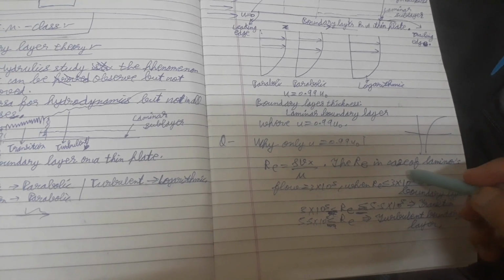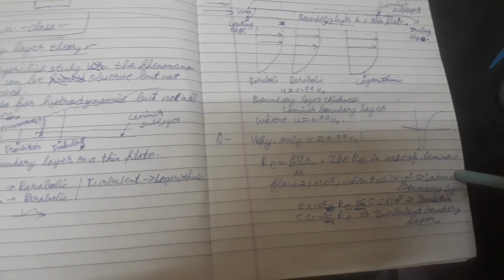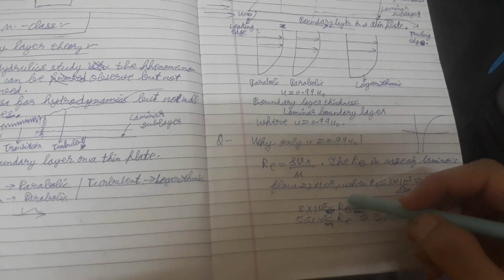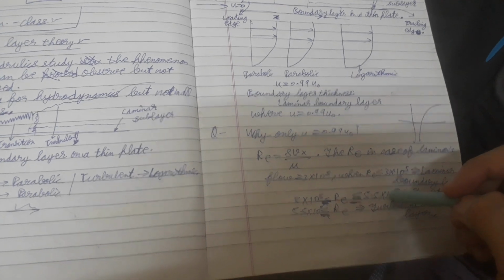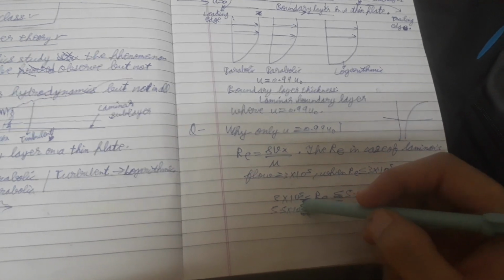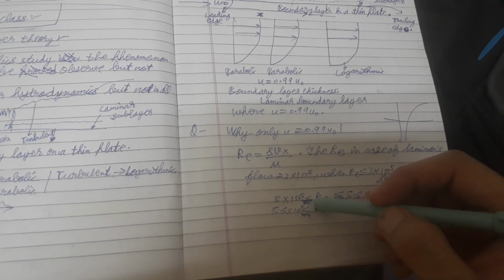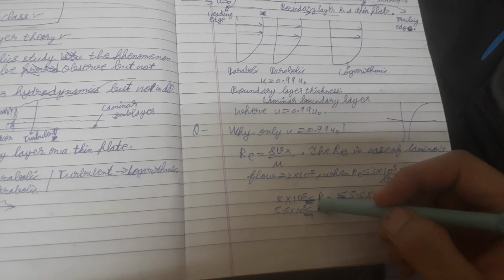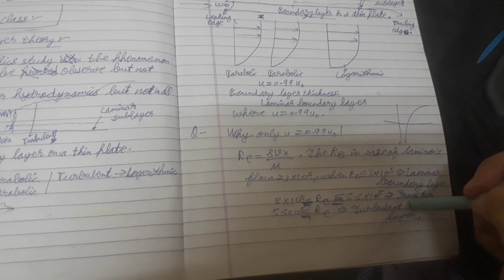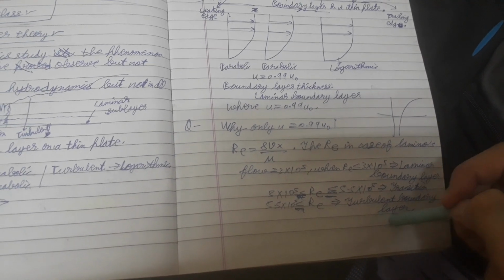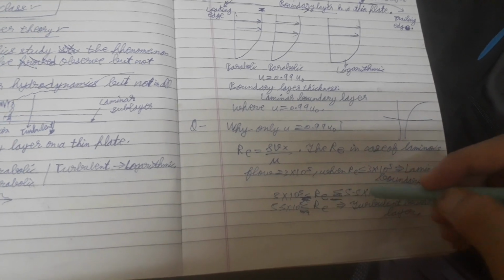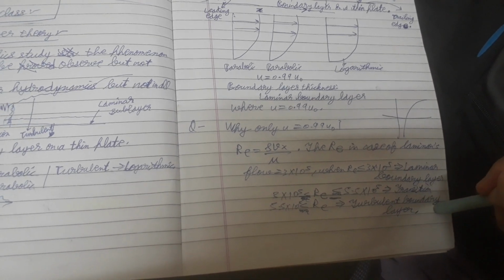Re less than or equal to 3 into 10 raised to power 5 implies laminar boundary layer. 3 into 10 raised to power 5 less than Re less than or equal to 5.5 into 10 raised to power 5 implies transition. Re greater than 5.5 into 10 raised to power 5 implies turbulent boundary layer.